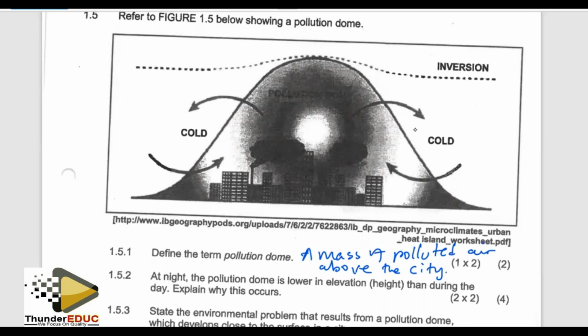As you can see here, this is the city. So you can see pollution taking place here. So all this now is a dome which has formed as a result of trapped pollutants in the heat island, resulting into a pollution dome. So that is why we define it as a mass or a lot of polluted air above the city.